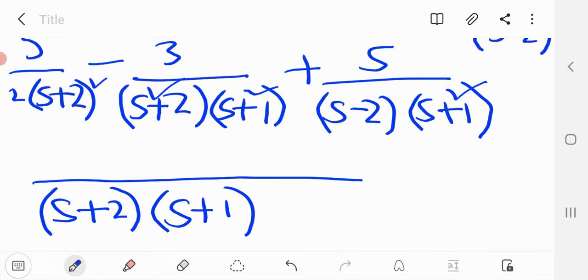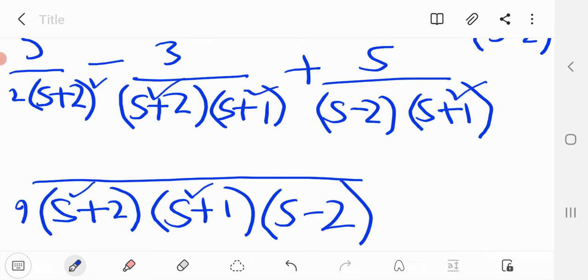S minus 2 is a non-common factor, because s plus 2 and s plus 1 are the common factors, so s minus 2 is a non-common factor. Another thing that is non-common, so 2 is also a non-common factor.